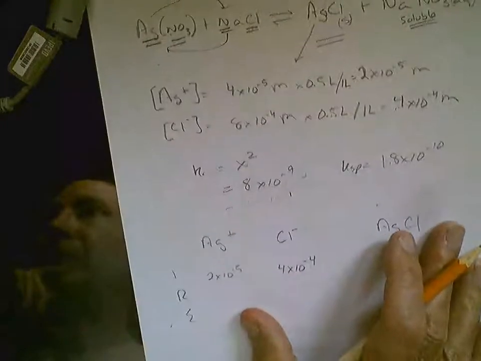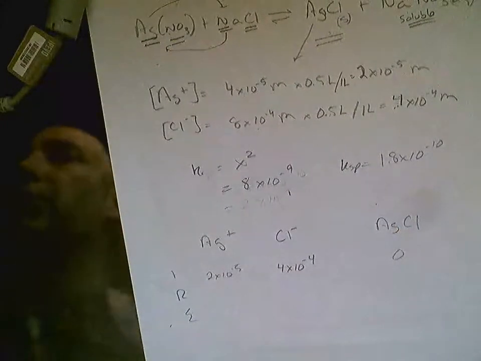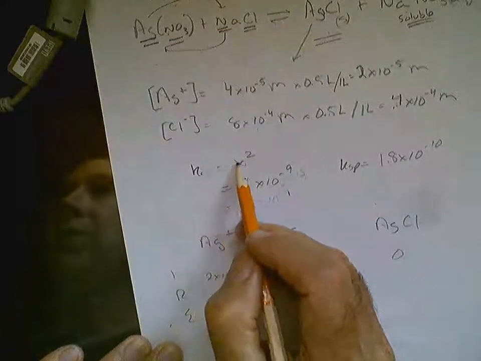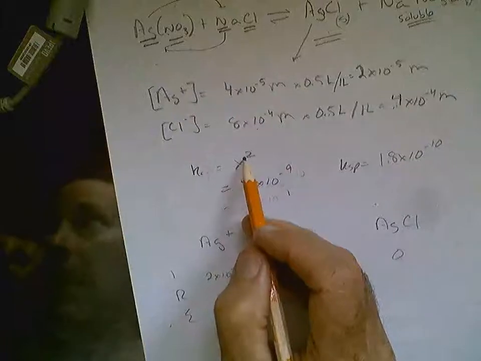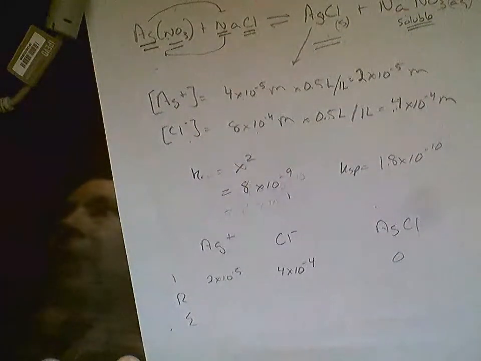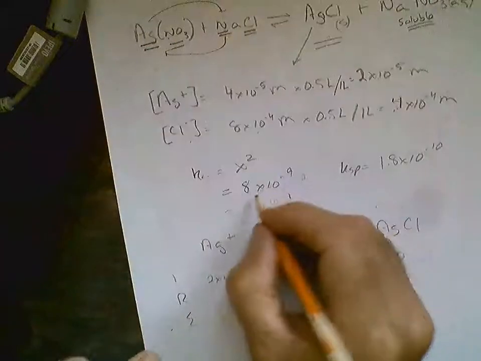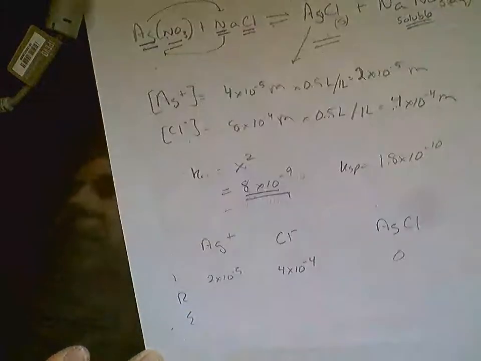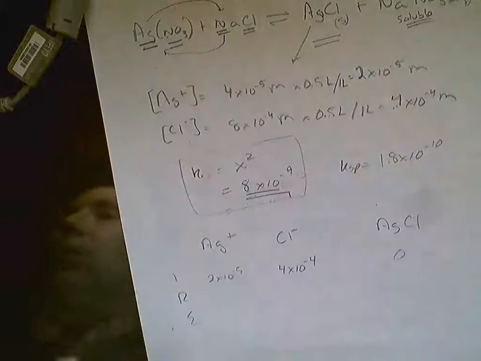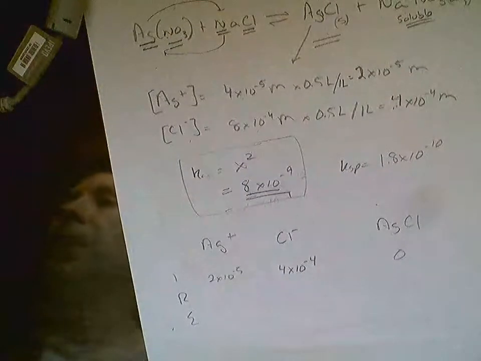What you want to do is you want to set up a K-test, so it's the same as KSP. It's going to be x squared here because it is a 1-to-1 ratio of Ag to Cl. So when we multiply these together, we get 8 times 10 to the negative 9. So what we're trying to do right now is see if we're going to make a precipitate or not.